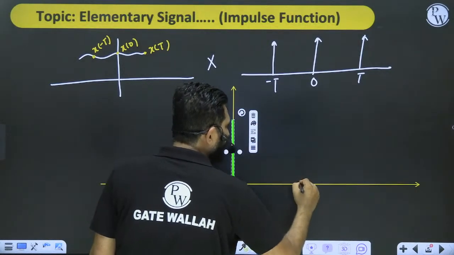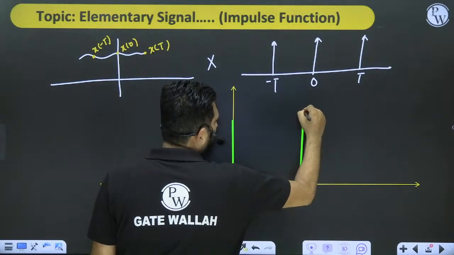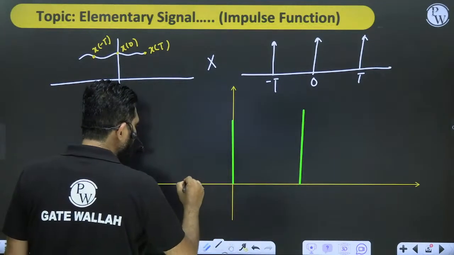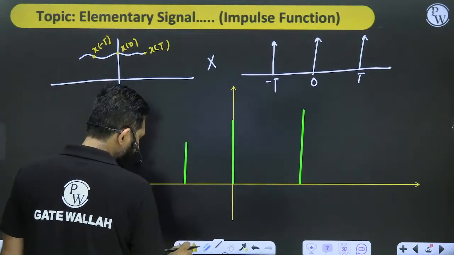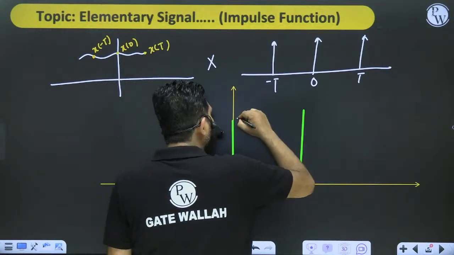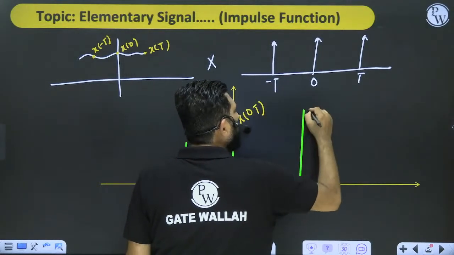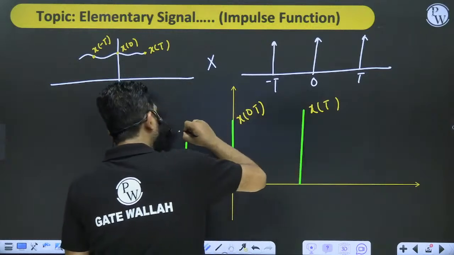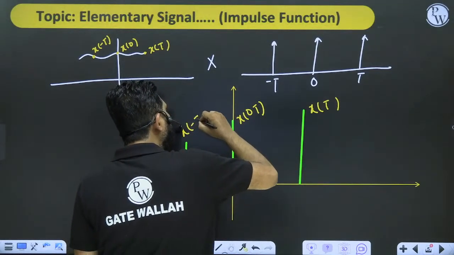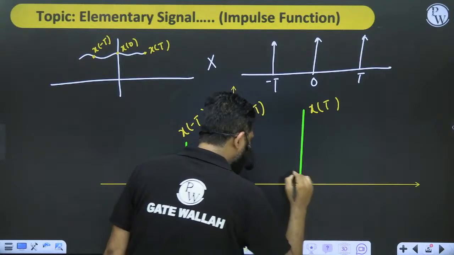One is at this location, one at this location, assuming that x of t is greater, and one at this location. This I am calling x of 0, this I am calling x of t, this I am calling x of minus t. These are the things we have covered already. So this is 0, that is t, and that is minus t.